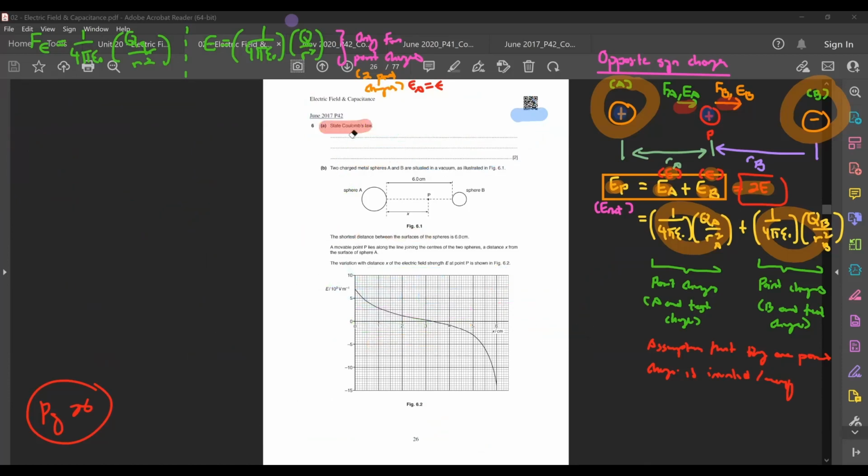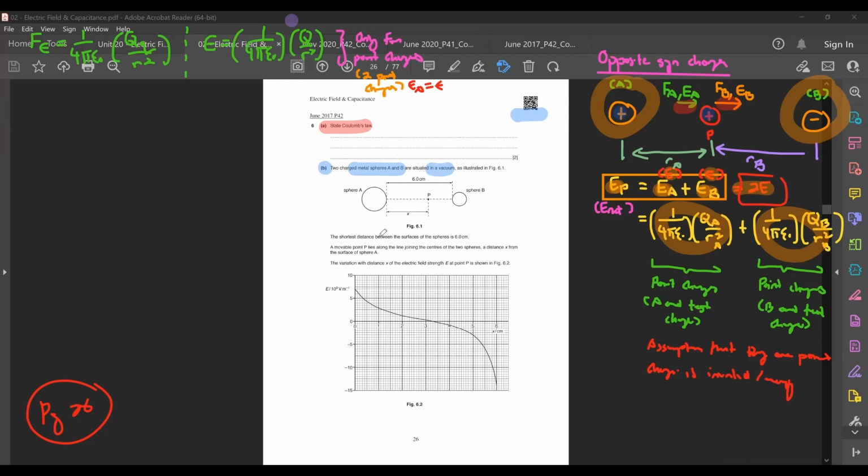Coulomb's law, you can just copy from your notes. The one I want to discuss with you now is part B. You have two charged metal spheres A and B situated inside a vacuum, as illustrated in figure 6.1.